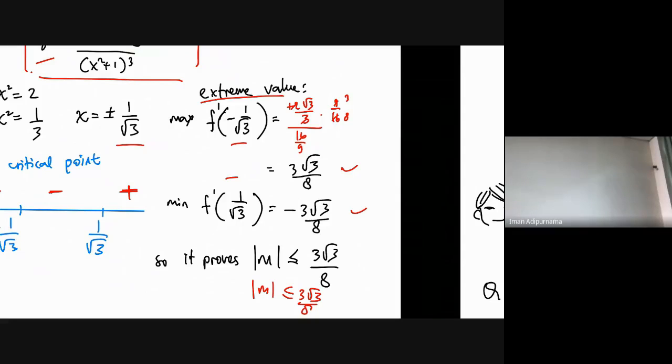This 3 square root of 3 over 8 is the absolute max value. So this m will never go above this value. So it's proven that the maximum should be this. It cannot be further than 3 square root of 3 over 8. So it's proven that this is less than.